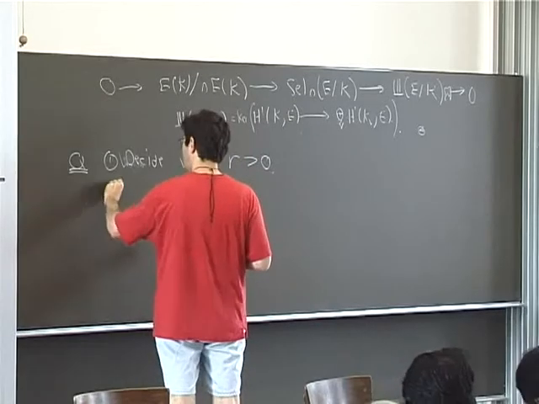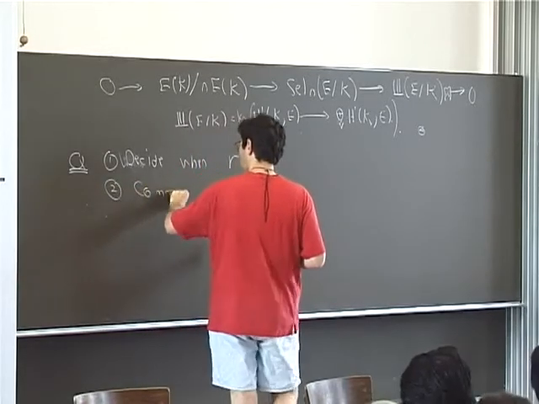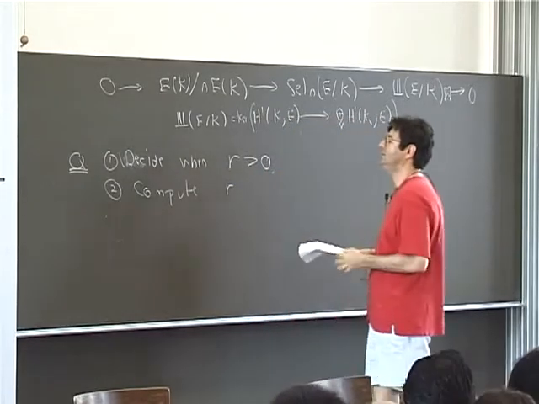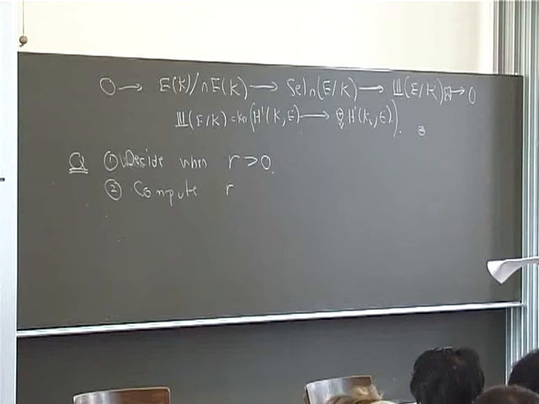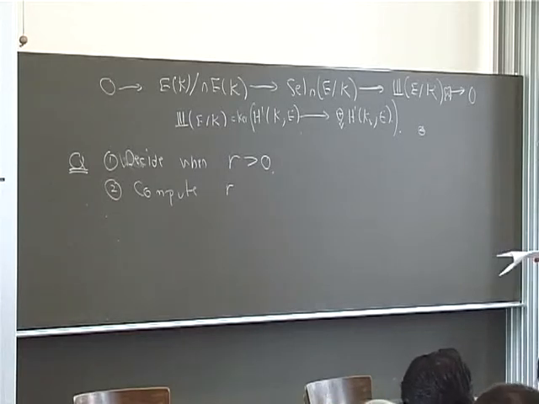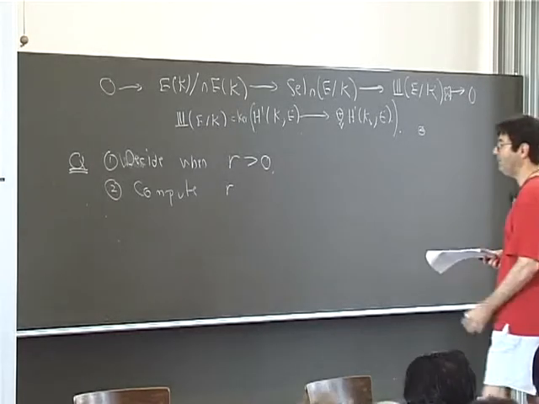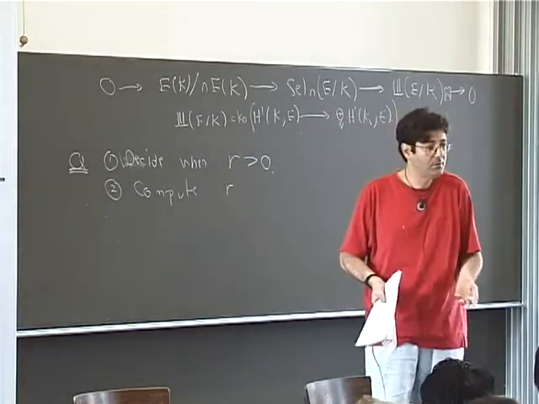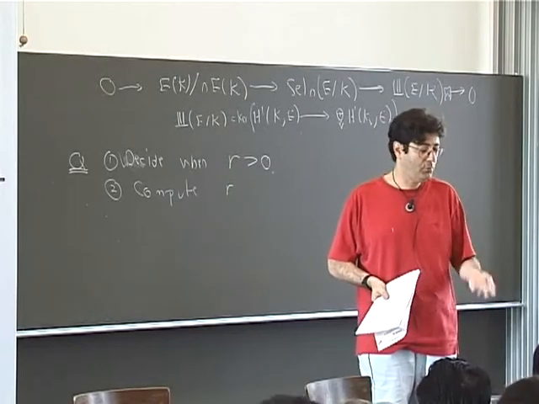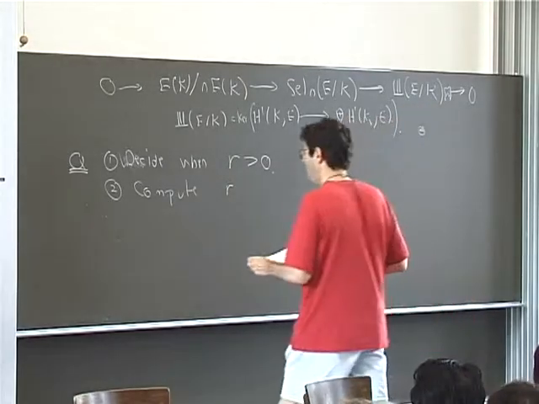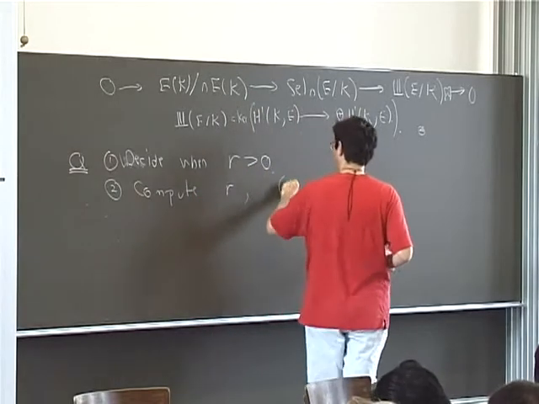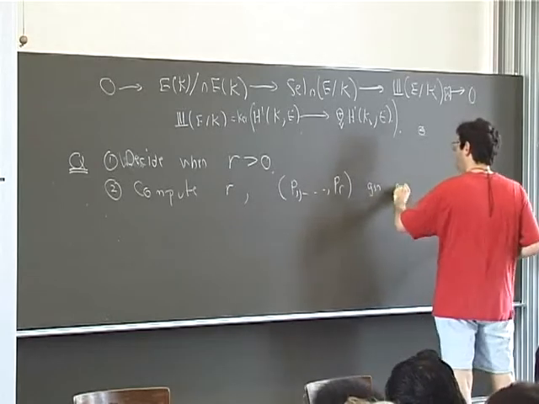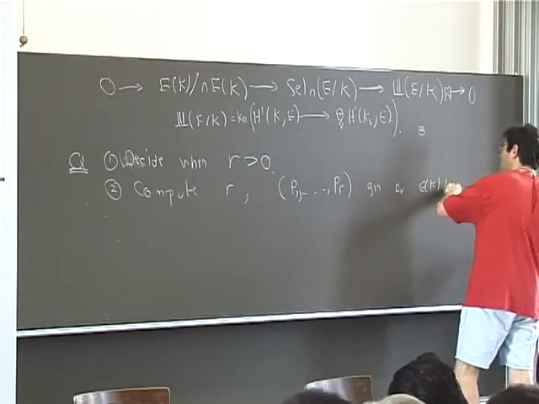Give a nice criterion. The second, which is in line with some of the computational themes in this summer school, and certainly the fundamental problem in the theory of elliptic curves, is the problem of computing R. So you're handed the elliptic curve and the number field, and you actually want to compute E(k), or compute the rank, maybe compute a system of generators P1 up to PR for the group E(k) modulo its torsion subgroup, for example.